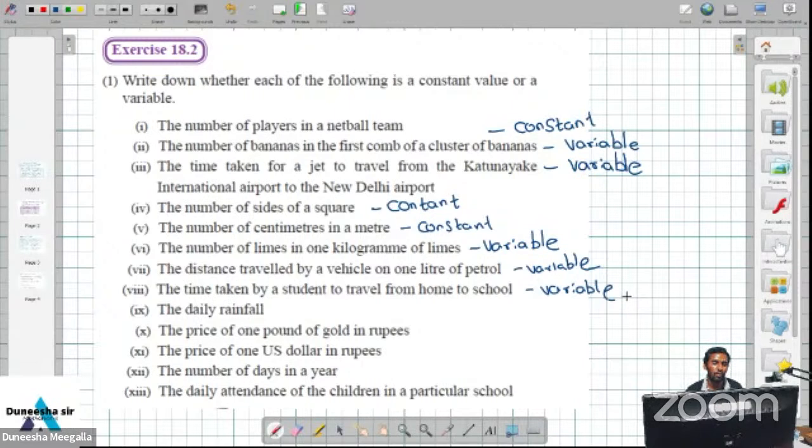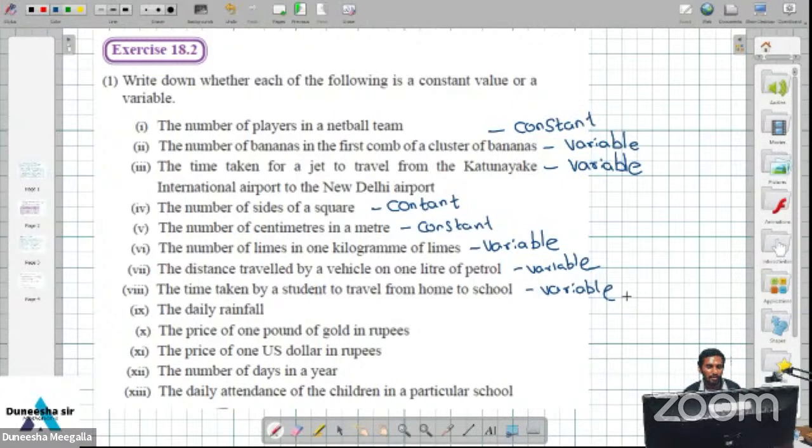Daily rainfall. Do you have rainfall today? දැන් වහිනවද? No, sir. Yes, sir. Yesterday, what was the rainfall?